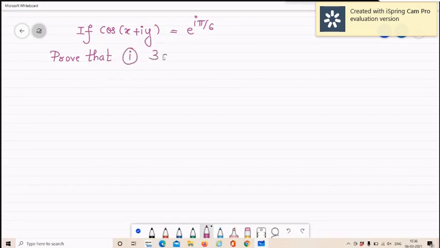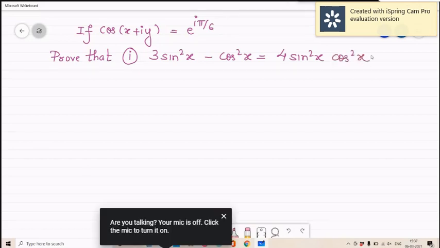That is, 3 sin square x minus cos square x is equal to 4 into sin square x into cos square x.